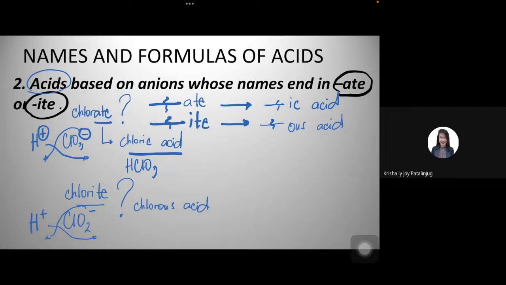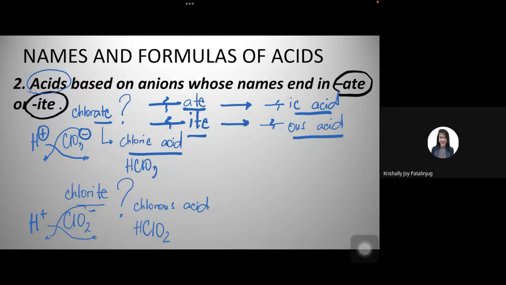That would be H, then ClO2. Good. So that is the rule in naming acids. If it ends with ate, change that to ic acid. If it ends with ite, change the ite ending to ous acid.